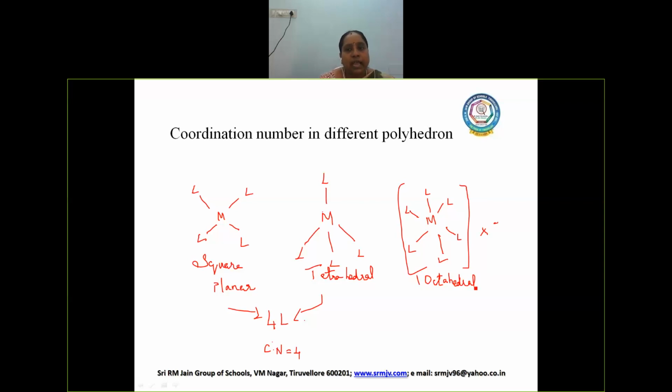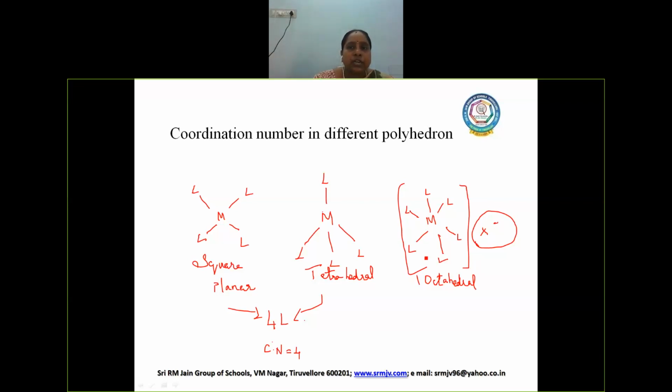Octahedral complex. And here, how many ligands are attached? This anion is present outside the sphere, so it cannot be considered a ligand. The ligands present inside the sphere alone are considered the coordination group.